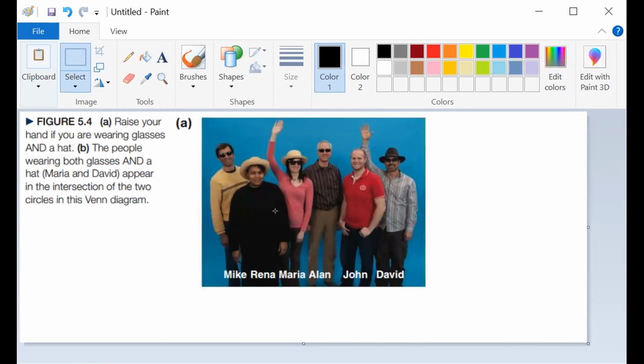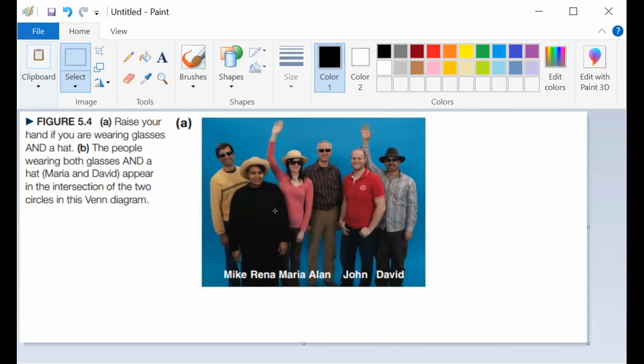So we're looking at hats and sunglasses.